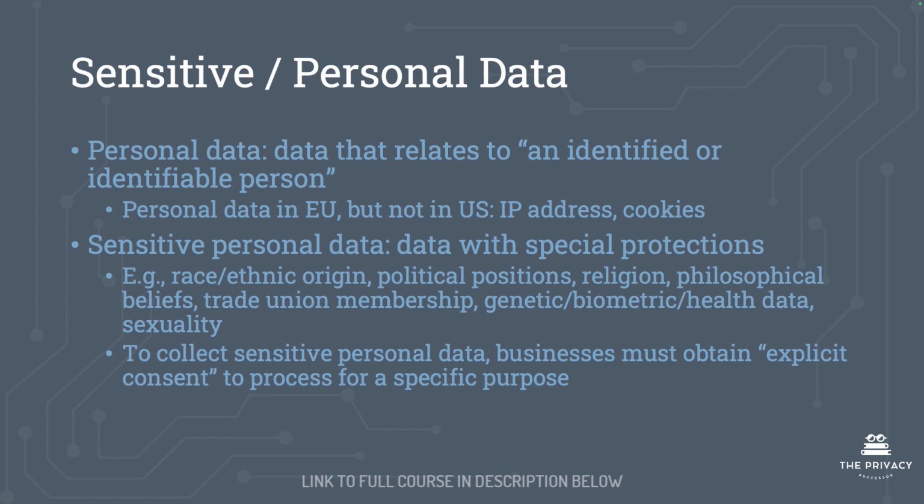Sensitive personal data is data with special characteristics. Data elements considered sensitive personal data are race and ethnic origin, political positions, religion, philosophical beliefs, trade union membership, genetic, biometric, and health data, and sexuality. And in the GDPR, in order to collect sensitive personal data, a business must obtain, quote, explicit consent, unquote, to process for a specific purpose.